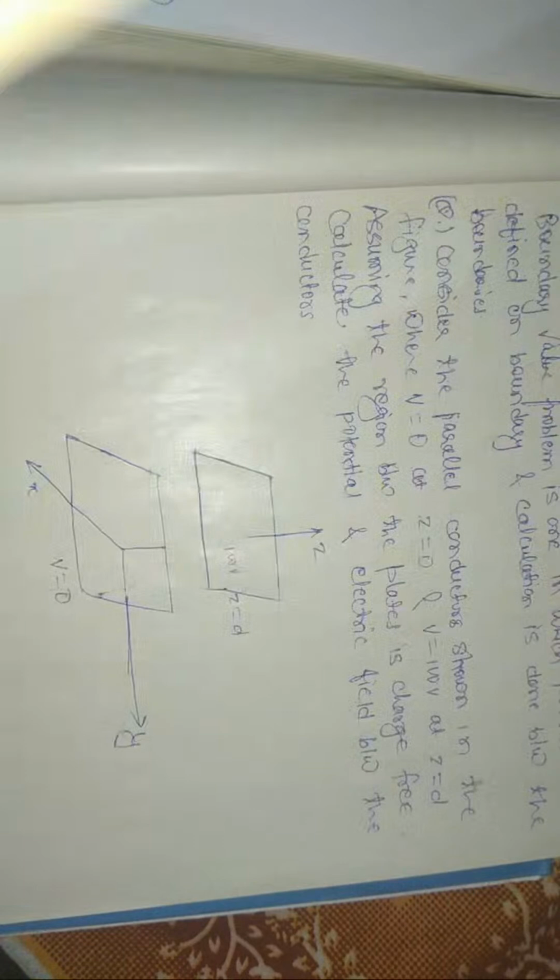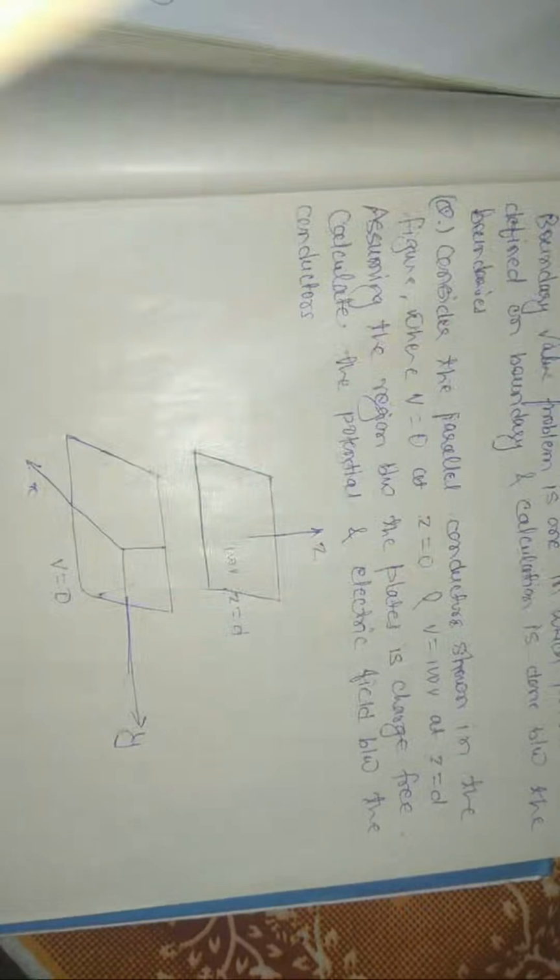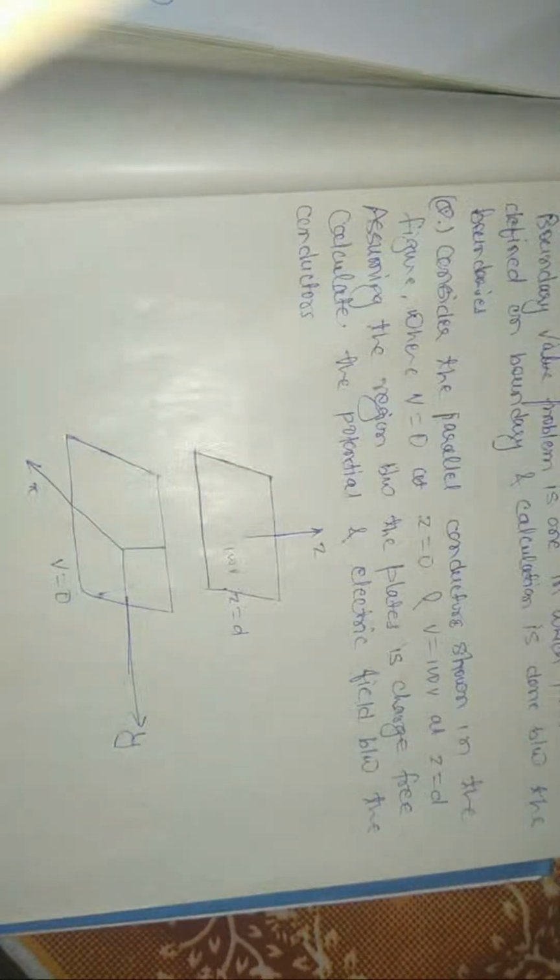In the laboratory, we have conductors connected to batteries which maintain a potential, or a ground, that is potential equal to zero. However, there are other circumstances in which we do not know the potential at the boundary, but rather the charges on various conducting surfaces.